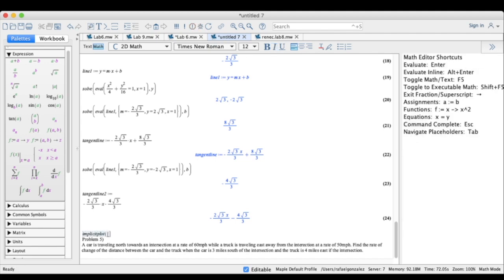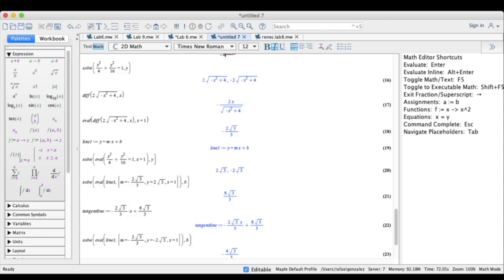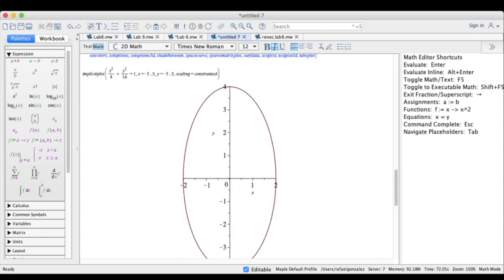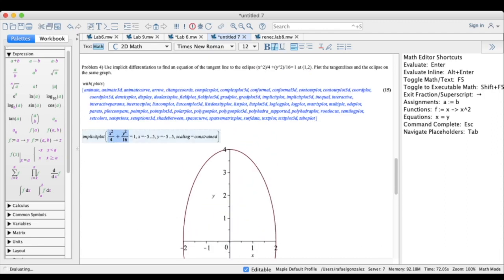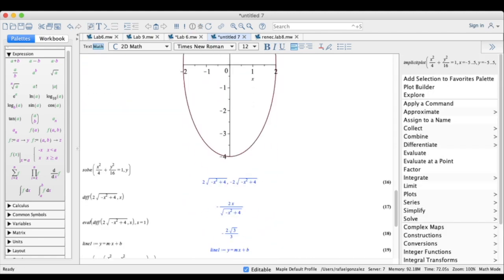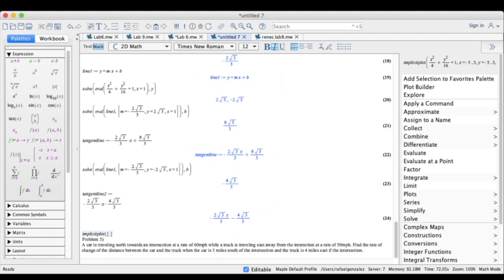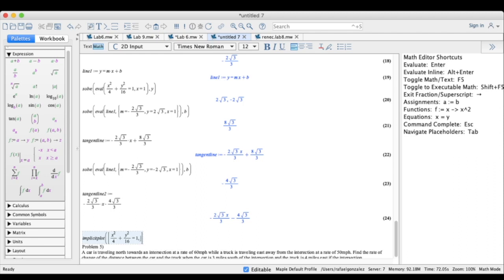So to plot more than one, you have to use the square brackets. So the only one that I didn't name, I think, was the first one. So let's plot this, comma, then the tangent line 1, which was this. So remember, y equals this.